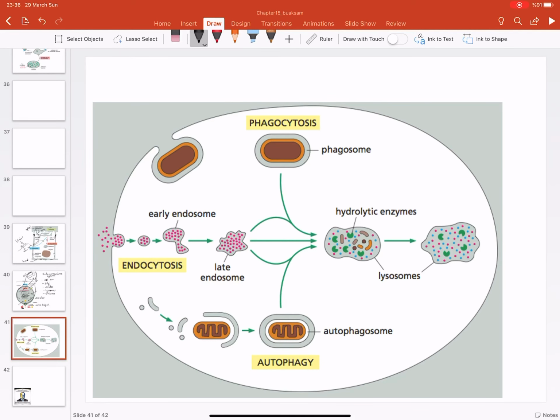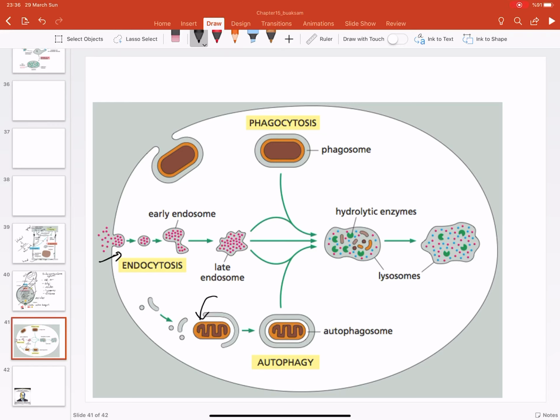Okay. It's not always extracellular stuff that we digest. Of course, we can take things from outside, like in the case of pinocytosis, and it becomes a late endosome by meeting with the lysosome. But we can also digest our own organelles, especially the mitochondria. Killing the mitochondria is very important, because if you do not kill the mitochondria, they will just get old.